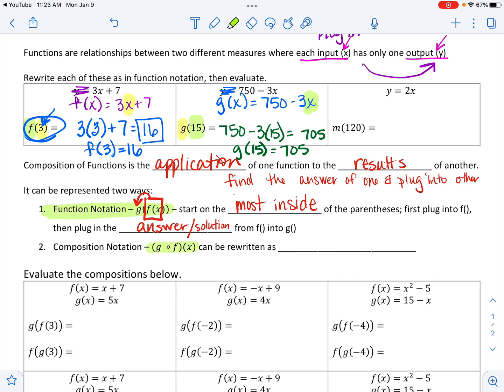This is composition notation, and it means the exact same thing as g of f of x. It's just a new way of writing it.